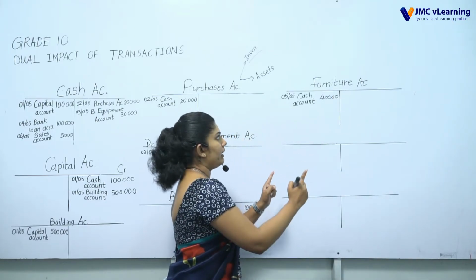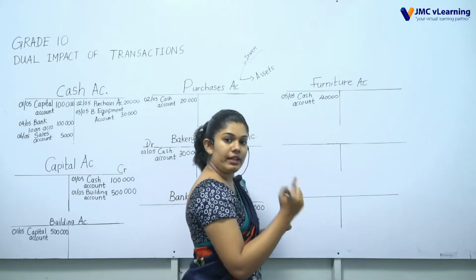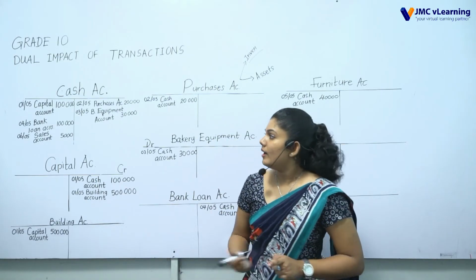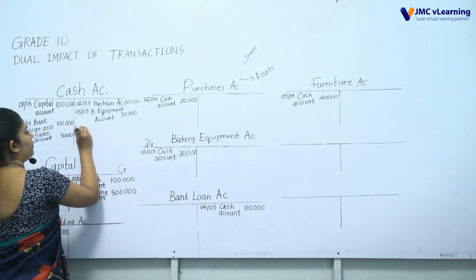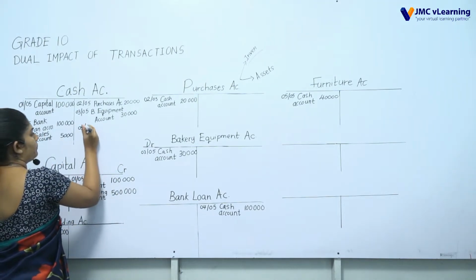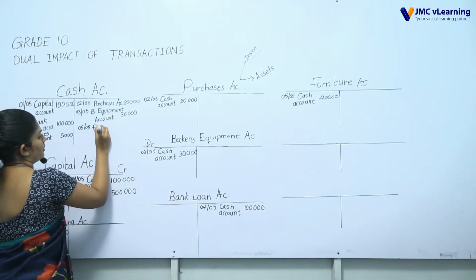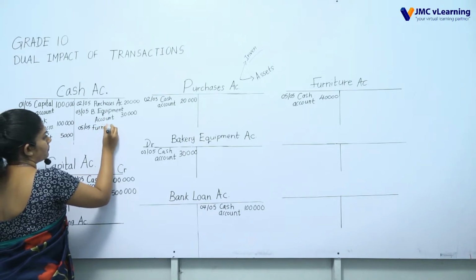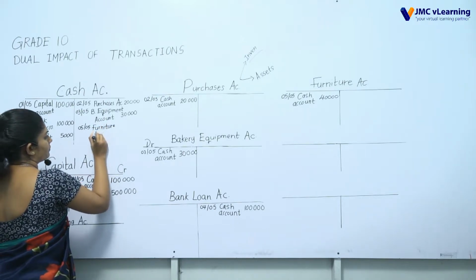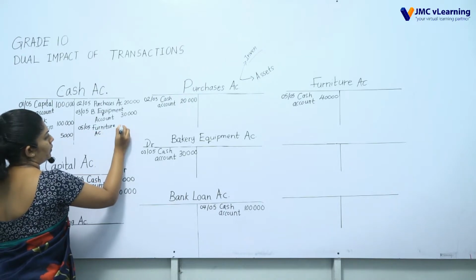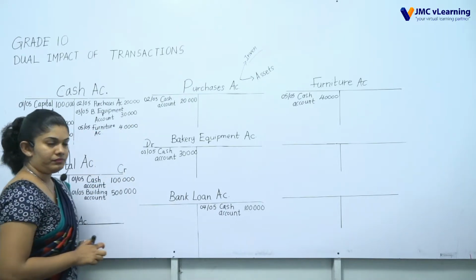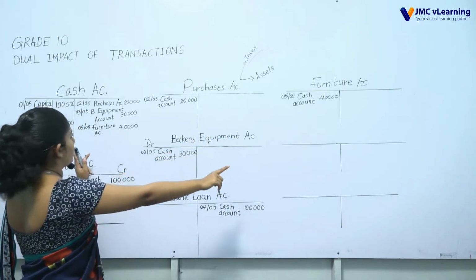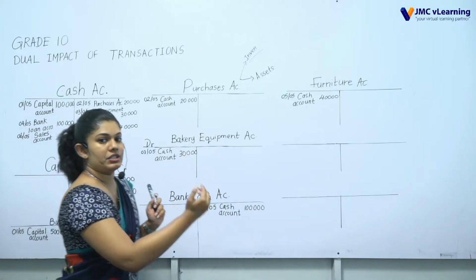If the debit entry is in the furniture account, the credit entry should be in cash account. 5th of May, furniture account, 40,000. Now the debit entry and the credit entry is complete.